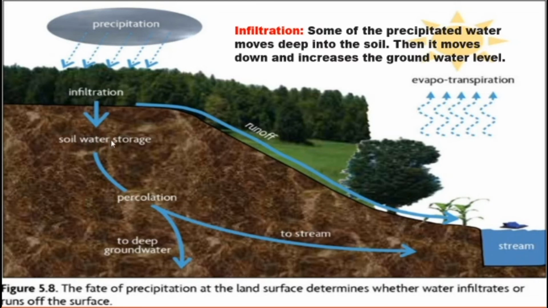The soil water storage. Percolation, the water movement inside the ground. Deep groundwater. This is what we call infiltration. Infiltration is the getting of rainwater into the soil or moving deeper into the soil.